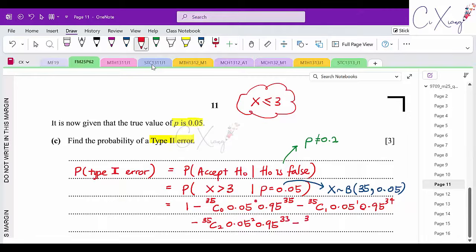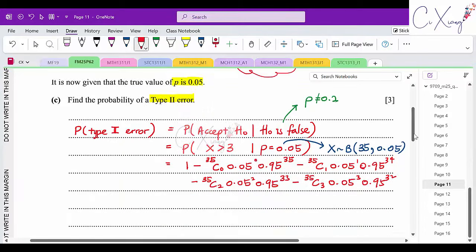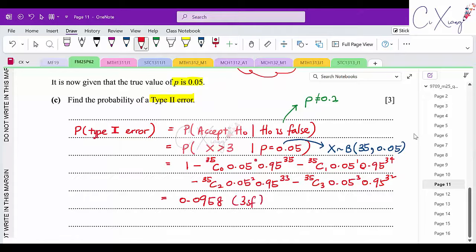And then x equals 3. After we get all the details here, just press the calculator to get the answer. By right, your answer should be 0.0958, correct to 3 significant figures.